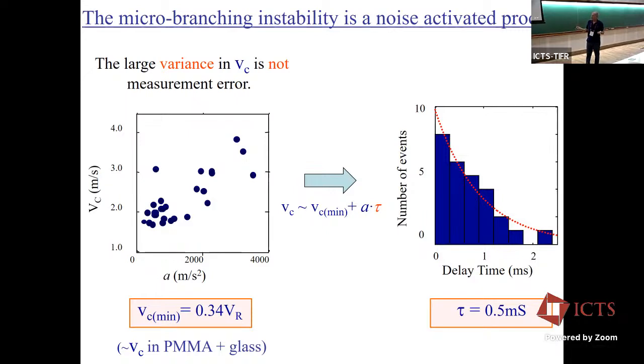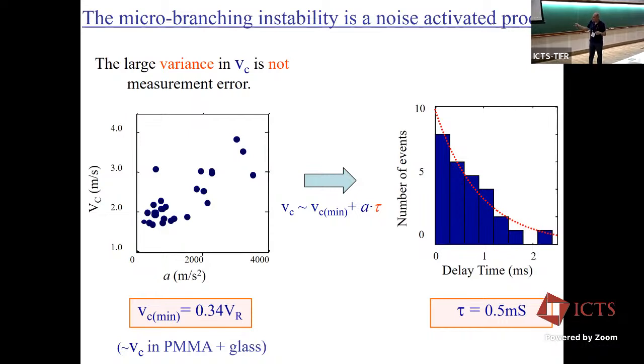It's telling us that in order to transition to this microbranching state, a crack has to arrive and be kicked by some localized perturbation, maybe a defect in the material or something like that. There's a characteristic time, the delay time from when it reaches the lowest value of the critical velocity to wherever it actually goes critical, and it's a Poisson effect.